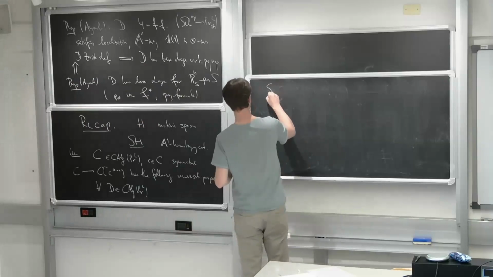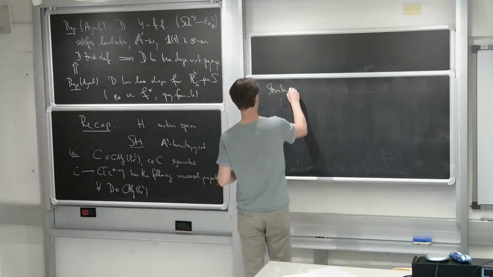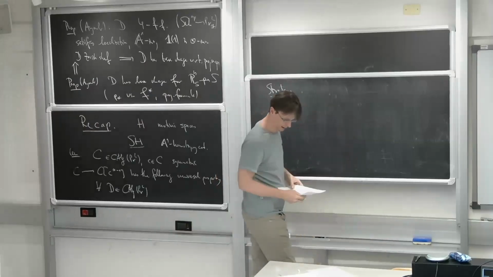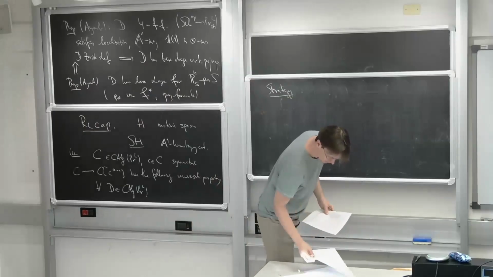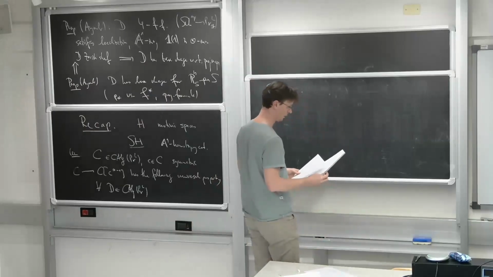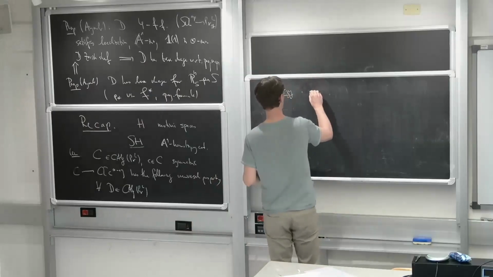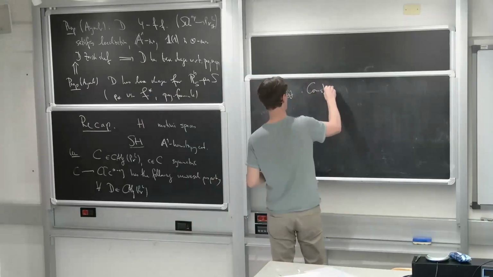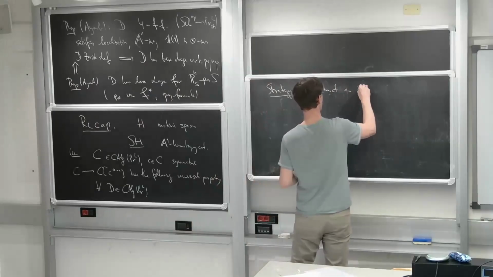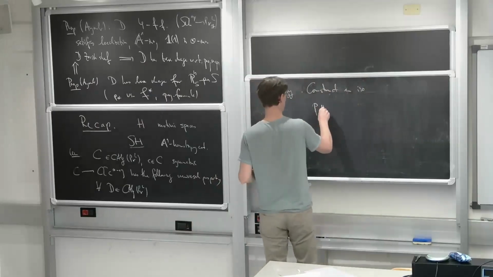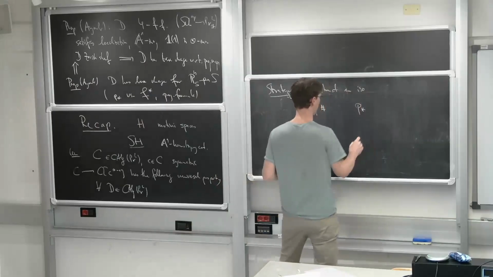So the strategy is the following: one constructs an isomorphism between my map P lower sharp and P lower star. Well, not quite.